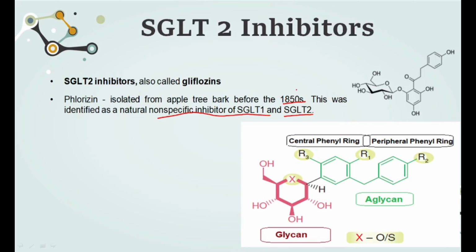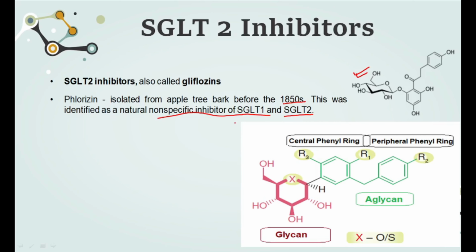So this is the structure of phlorizin. As it is an inhibitor of SGLT1 and SGLT2, phlorizin lowers the risk of hyperglycemia and glucotoxicity.